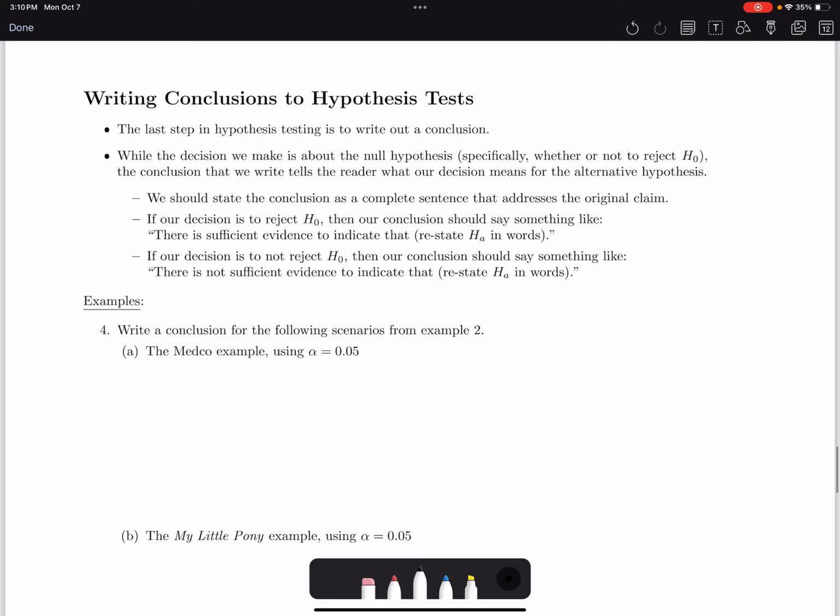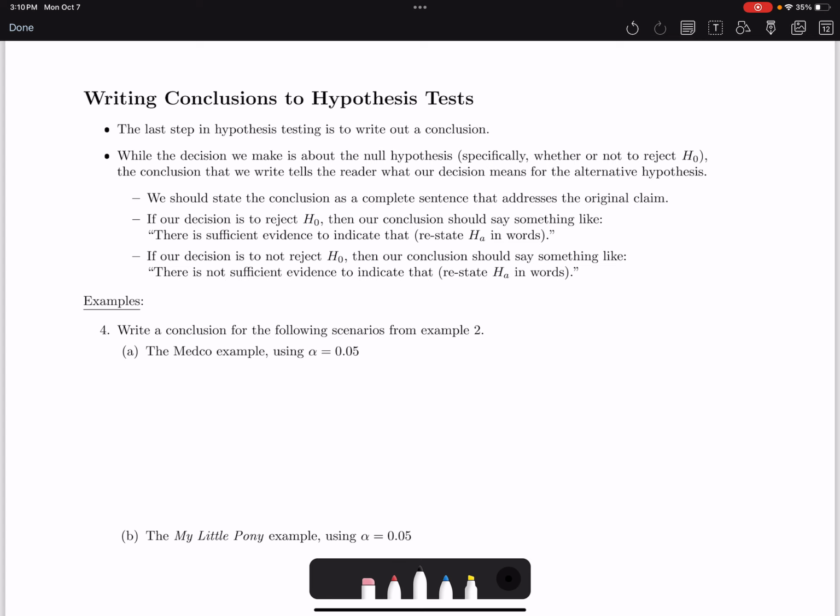Okay, one last step when it comes to hypothesis testing. Once we've made our decision, then we usually like to write a conclusion. The decision is a statement about whether we should reject the null hypothesis, okay? Whereas the conclusion is a statement about what our decision means for the alternative hypothesis.